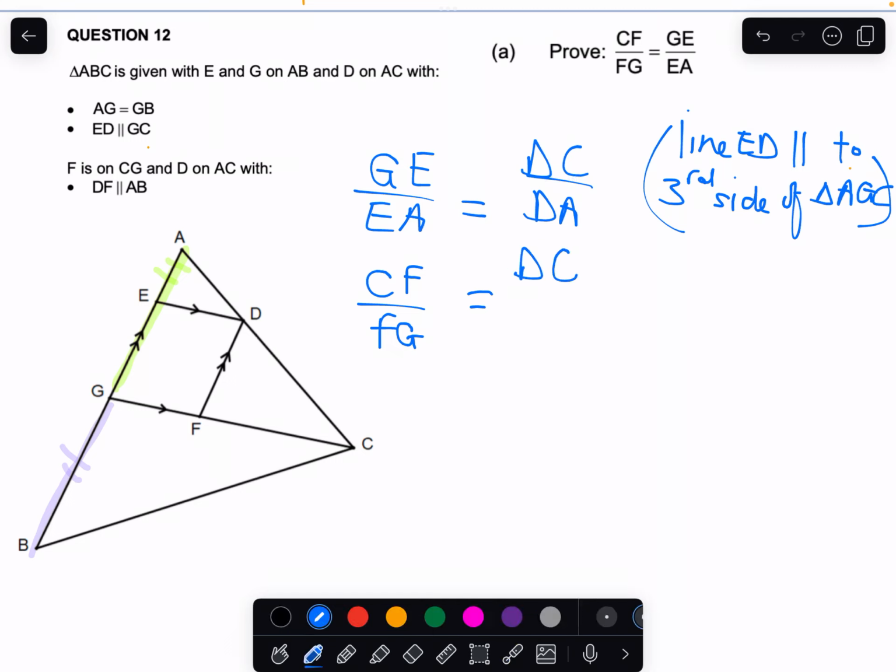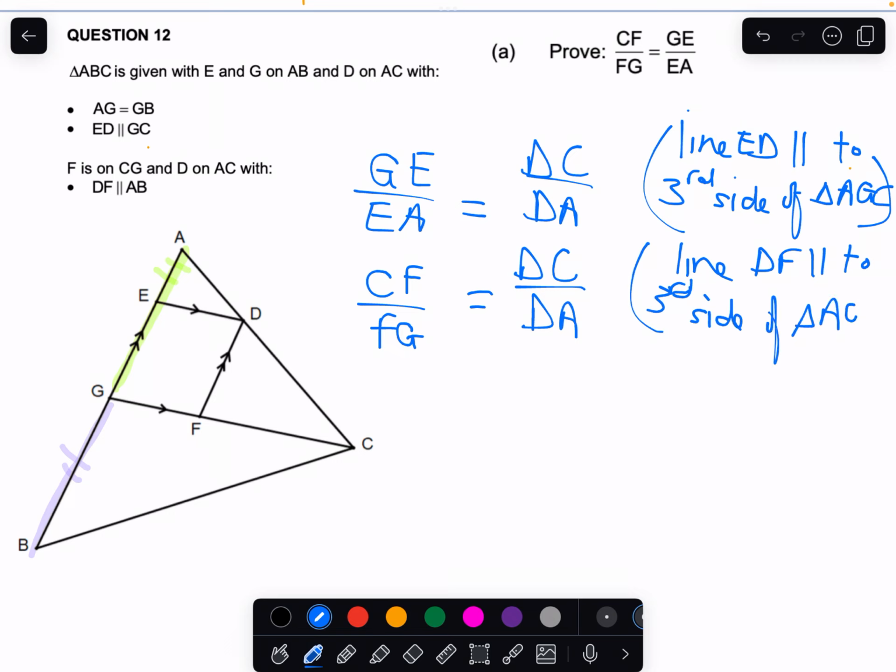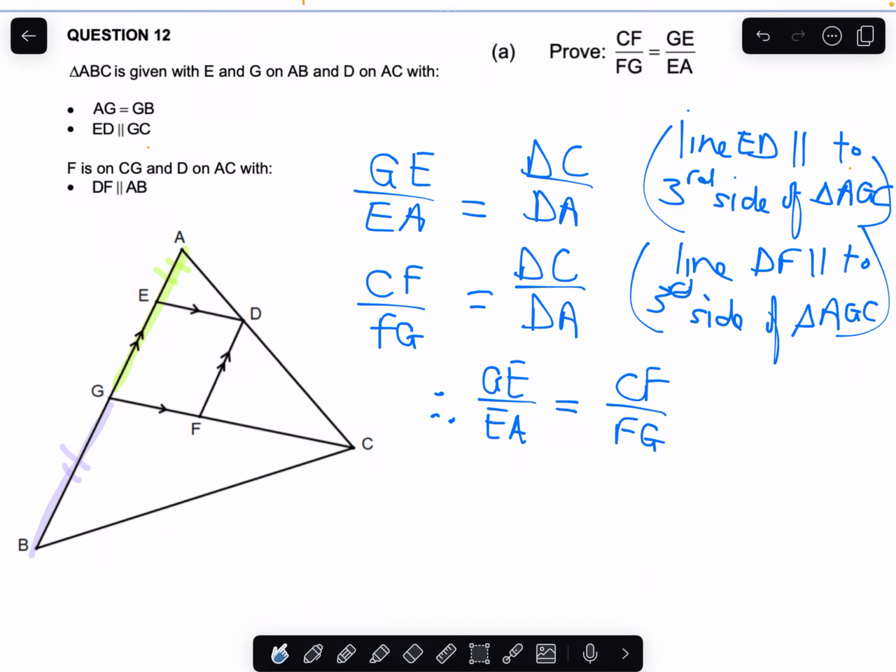And this time we're looking at the line DF, parallel to third side of the same triangle, triangle AGC. Because those are both equal to the same thing, that tells us that GE over EA is equal to CF over FG, as required to show.